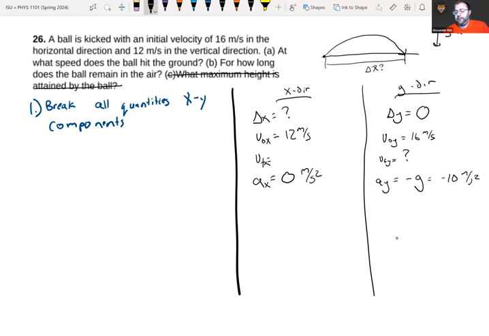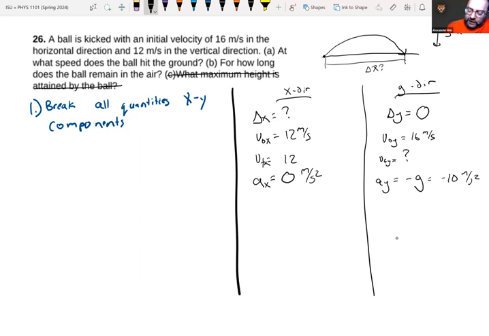Now, I said we could go back to V final of x, and one of the things to note is that if you go to the delta V equals a delta t equation, V final equals a delta t plus V initial. If delta t is not 0, but a is 0, then V final is just equal to V initial.